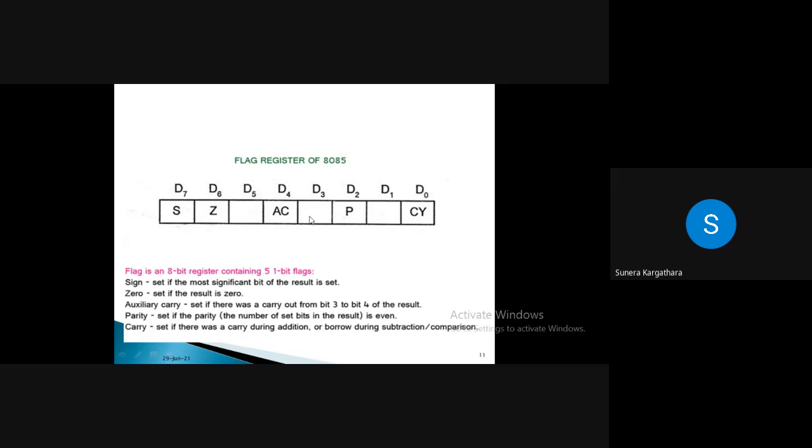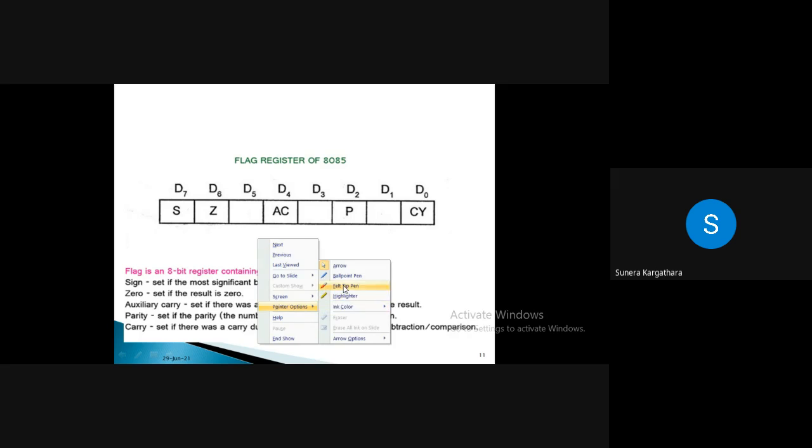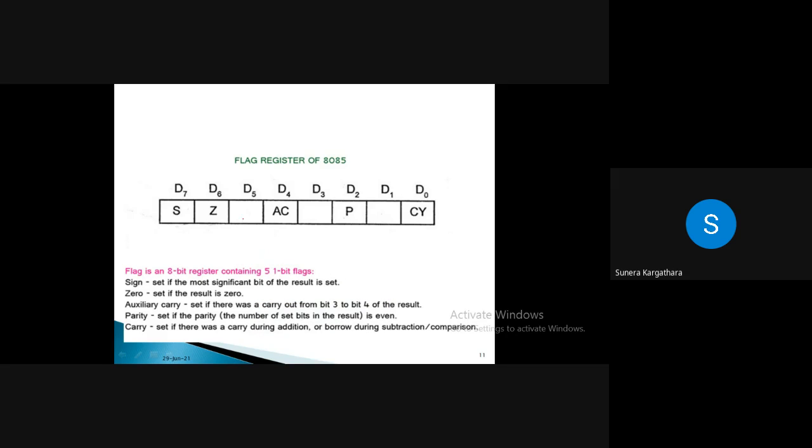Out of 8 bits, D1, D3 and D5 are don't care. If I say don't care, the meaning is it can be 0 or it can be 1. Everyone knows don't care, you used to put don't care conditions in a K-map. It depends on whether it is useful for us to combine some inputs, then we keep it 1, otherwise we keep it 0. So these are the don't cares, and they can be 0 or 1.